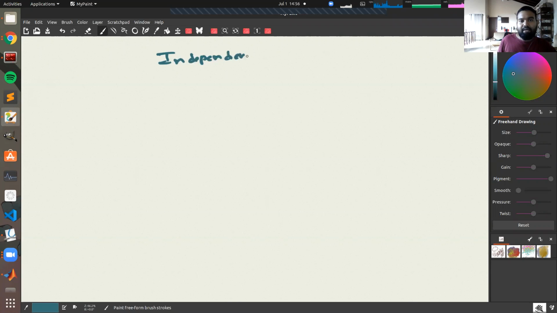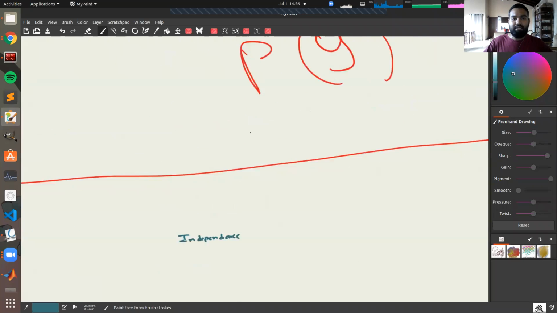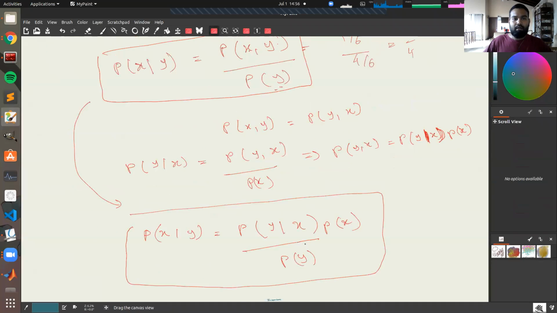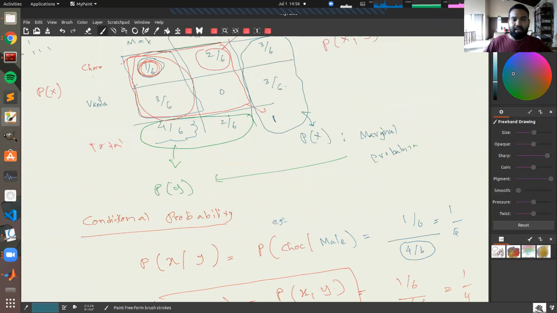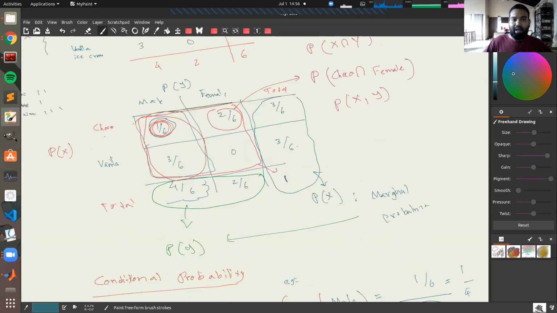Right? So the idea behind independence is, if you have these kind of joint probabilities like this, are they actually connected with each other? Whether, say, being female and eating chocolate ice cream, and being male and liking vanilla ice cream, if there's a connection between the two, then we say that they're dependent with each other.